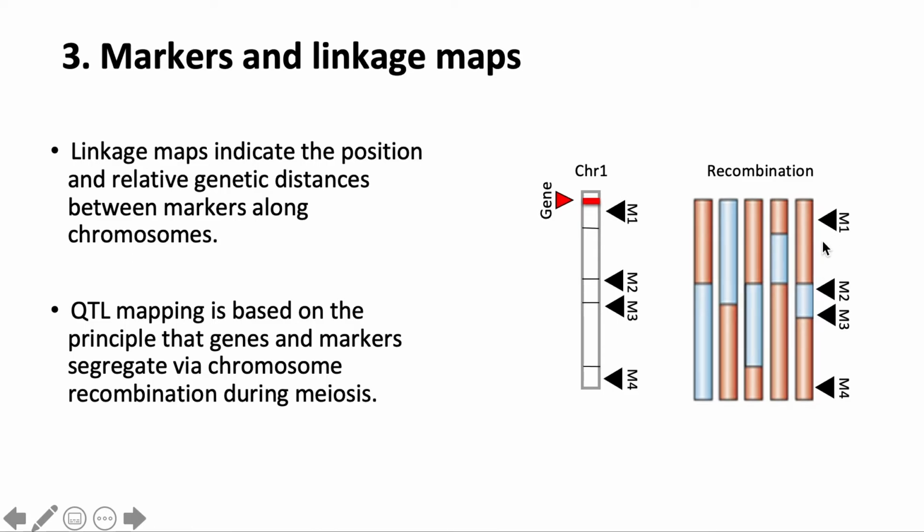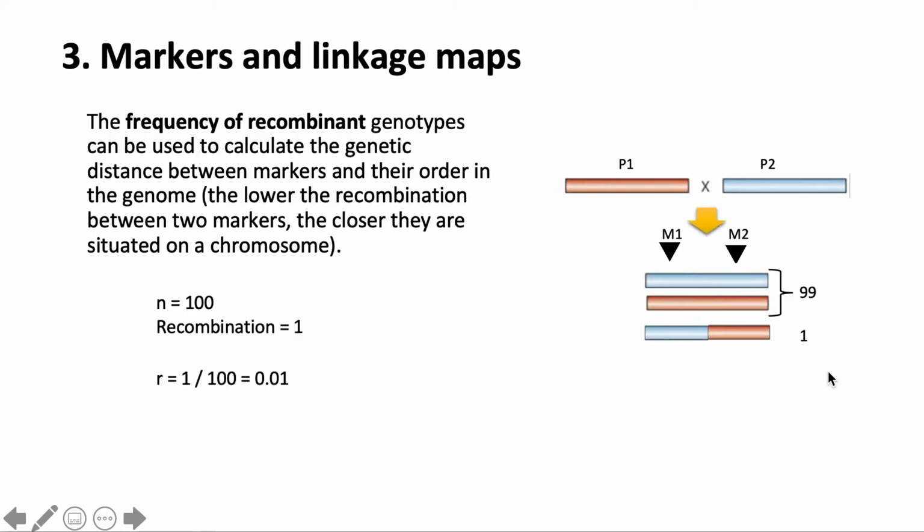If there is no recombination between markers, as between marker 2 and 3 in this example, that means those molecular markers should be closer than, for example, marker 1 and marker 4.